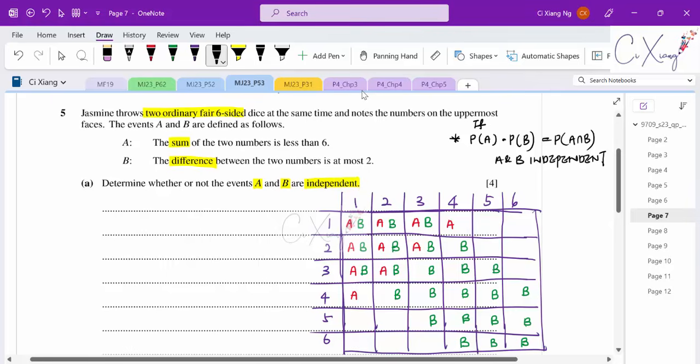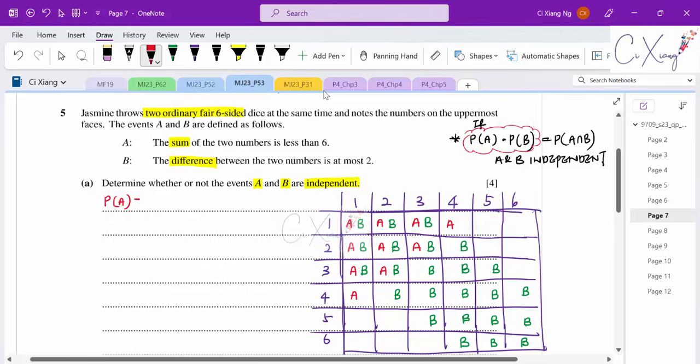If you have this equation, left hand side equals right hand side, then A and B are independent. So I need to find the probability on the left hand side, then the probability on the right hand side, then compare them. Let's start with the probability of A first.